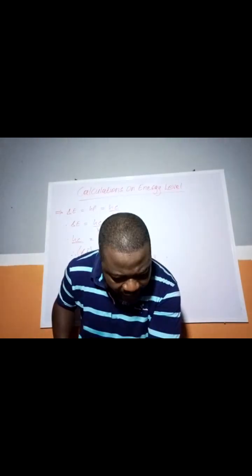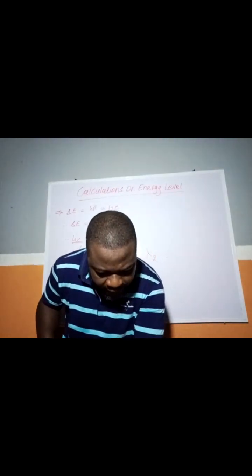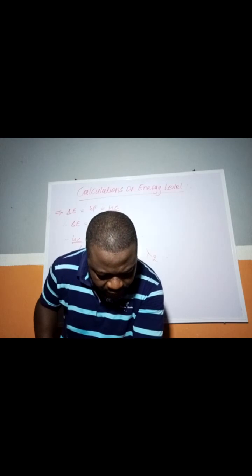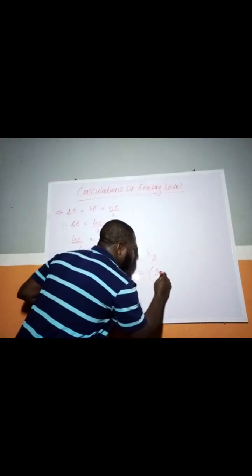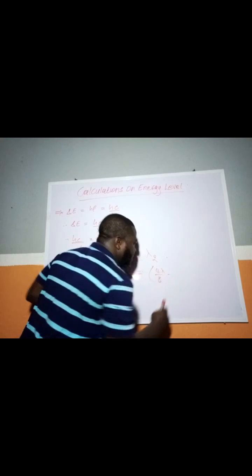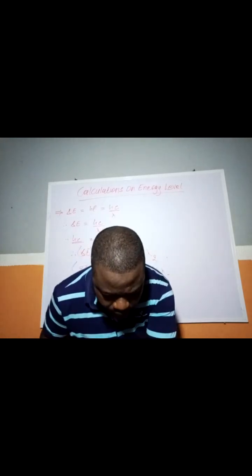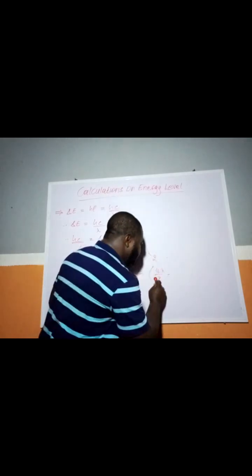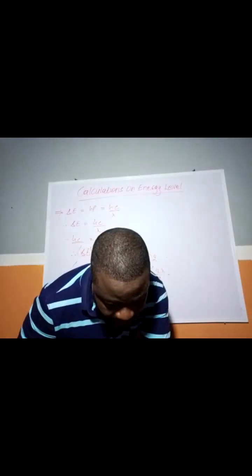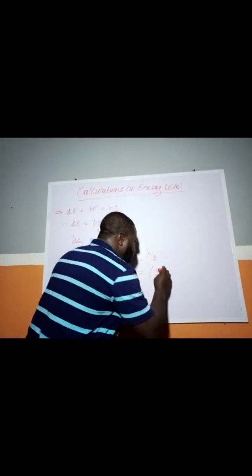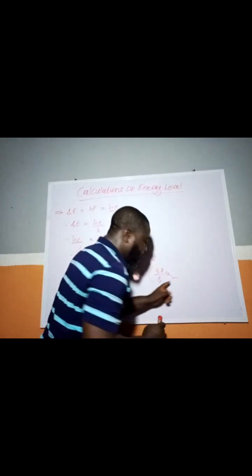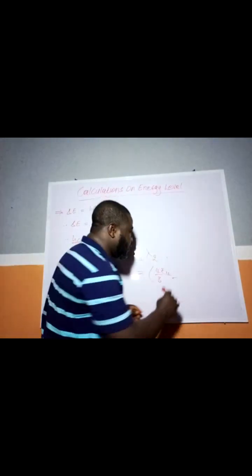Now the second one: if the electron transits from 4/3 EK to EK, do you understand that now? That means we have 4EK/3 minus EK/1.